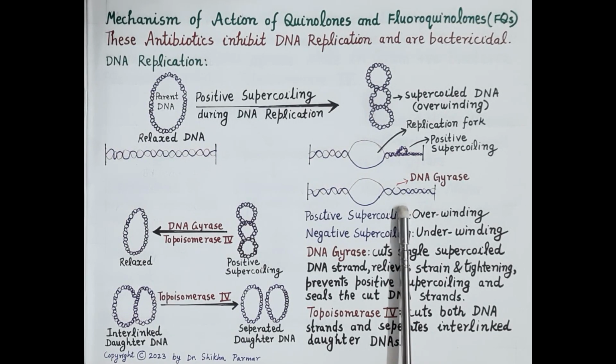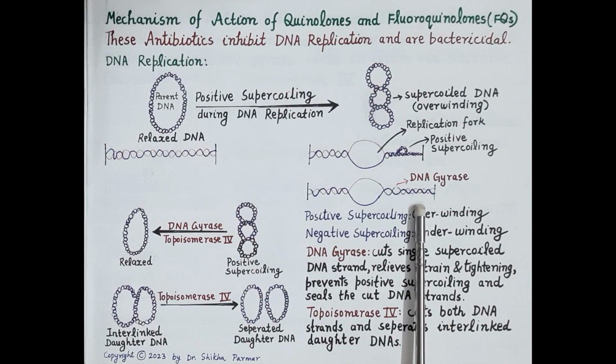So this prevents positive supercoiling, and once the tightness of the strand is removed, DNA gyrase again reseals the cut DNA strand. So DNA gyrase prevents positive supercoiling and relaxes DNA so that the replication fork could keep moving in the forward direction and the two DNA strands could be completely separated for replication.